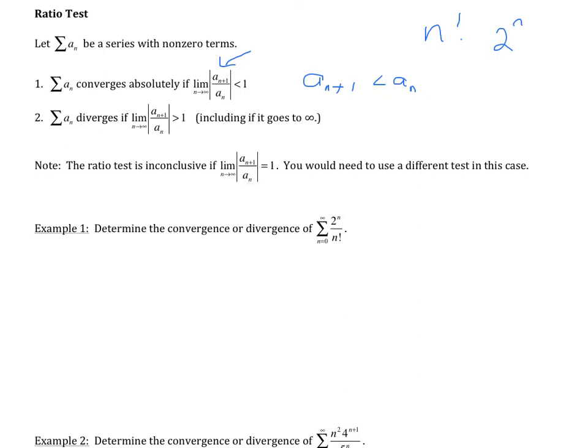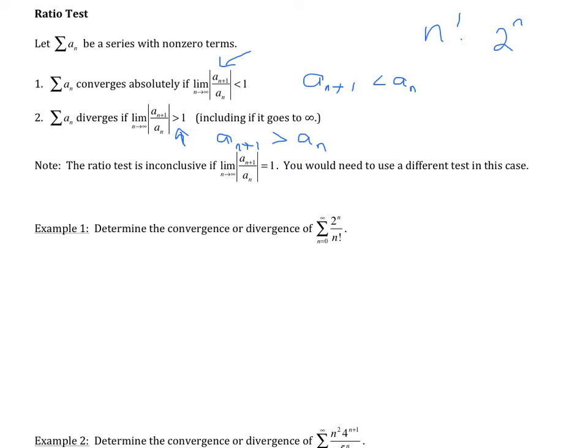Number 2 says the series will diverge if a sub n plus 1 over a sub n is greater than 1, and that's the opposite of what happened in number 1, and so that's telling me that a sub n plus 1 is in fact getting bigger than a sub n. So that all just kind of makes common sense.